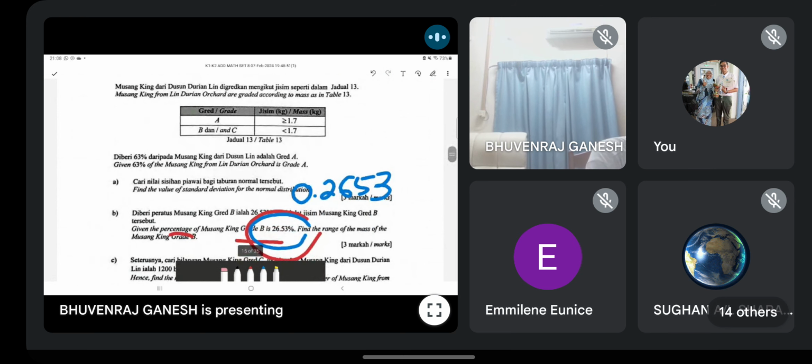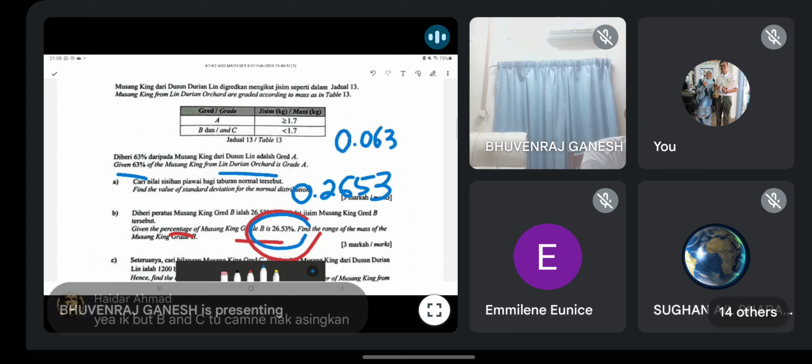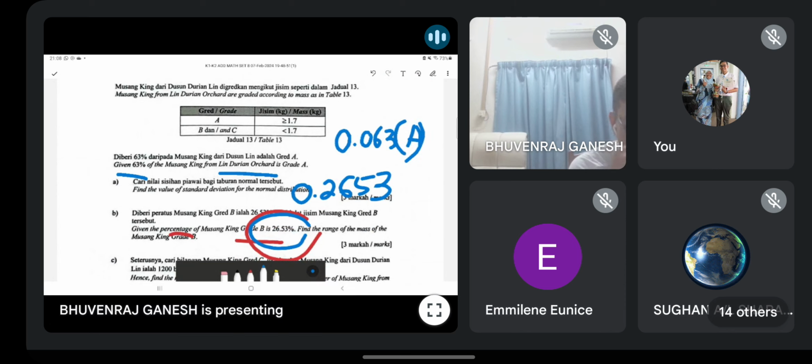Okay, so now they say, let me see. This one, 63% is grade A. So that means 0.063 is under grade A. B and C macam mana nak asingkan? Wait. Let me see. For a while. Wait. Sorry.